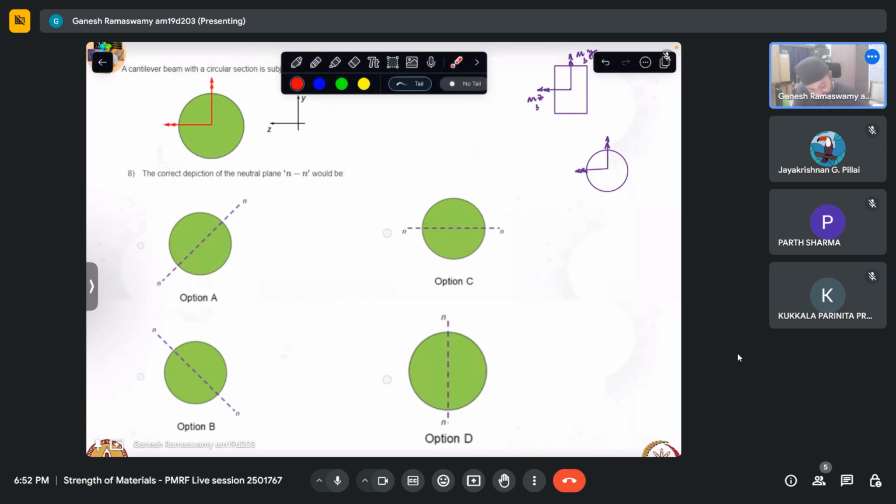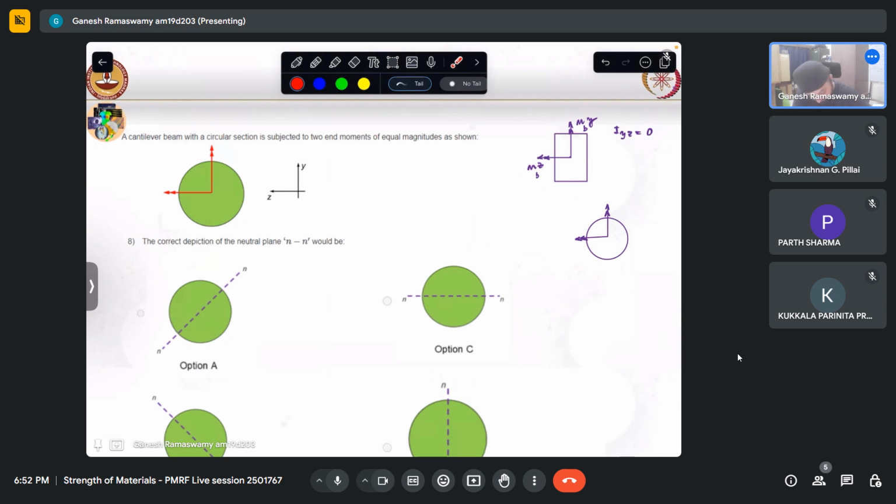Now, if I were to disregard this for the time being and just look at this moment, so what will happen actually? In fact, I can draw this again.